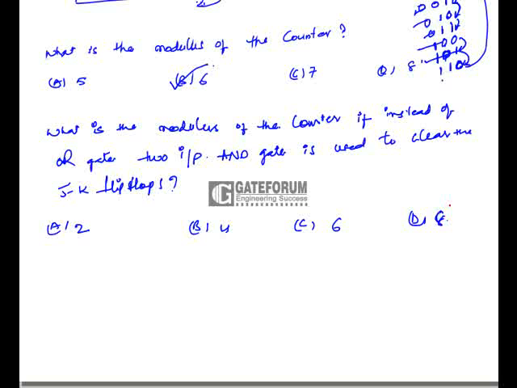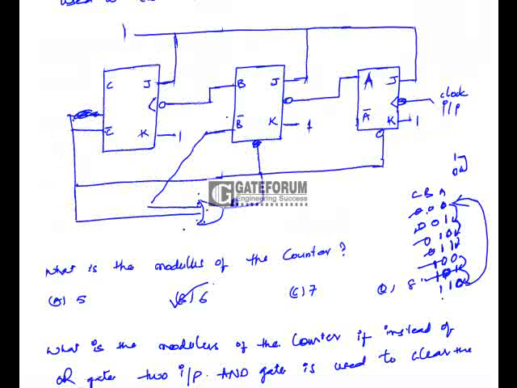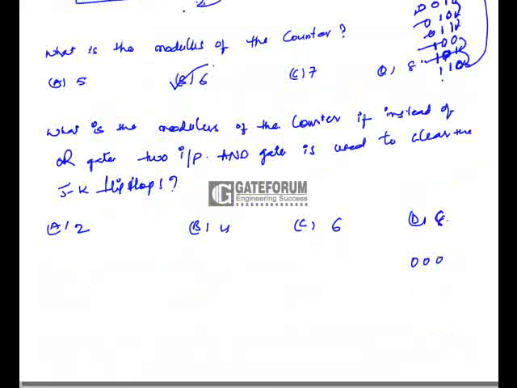So here in this question, the OR gate is just replaced with an AND gate. The output of the AND gate would be 0 when any of the inputs is 0. Let us take the starting state as 0 0 0.